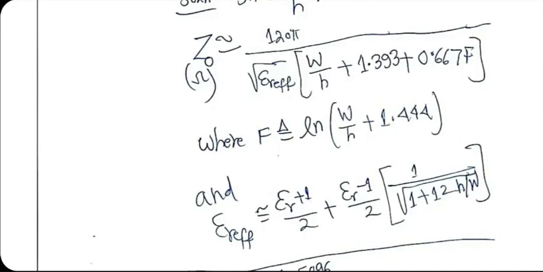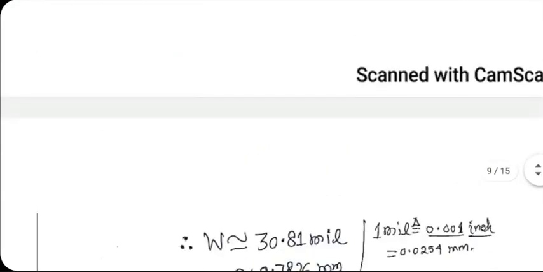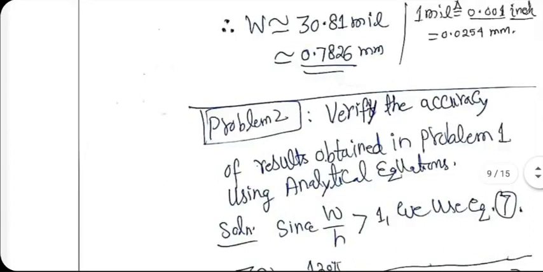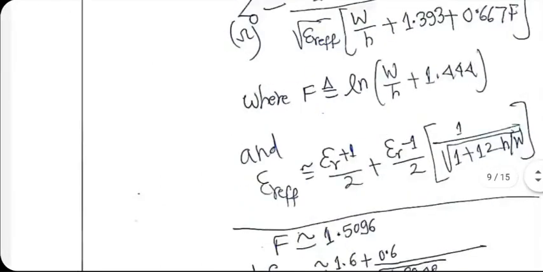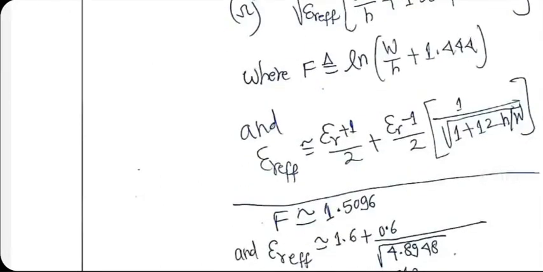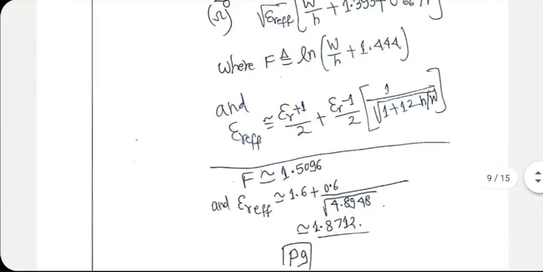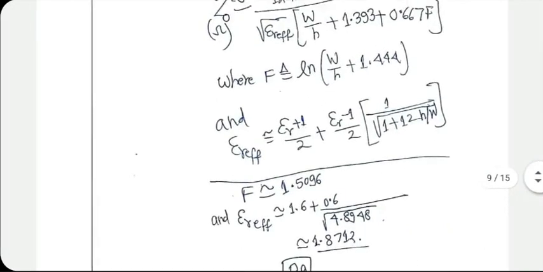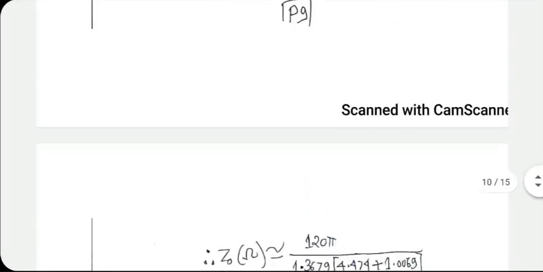W by H is 3.08 something. So H by W will be 1 upon that. You substitute all those values. Epsilon r effective turns out to be 1.8712. It is between 1 and epsilon r as expected. Capital F also is calculated later, I think.